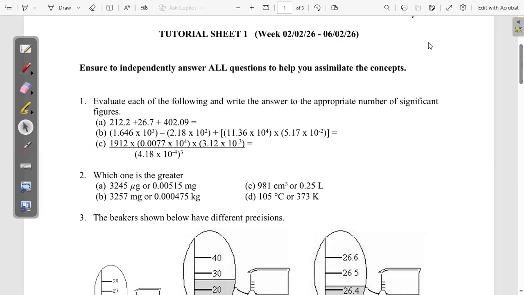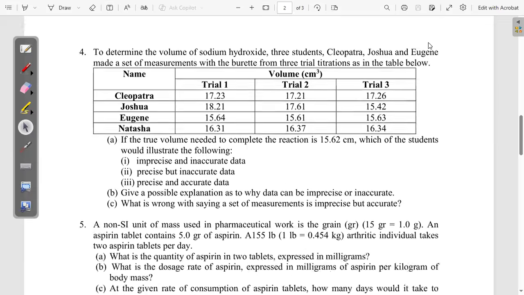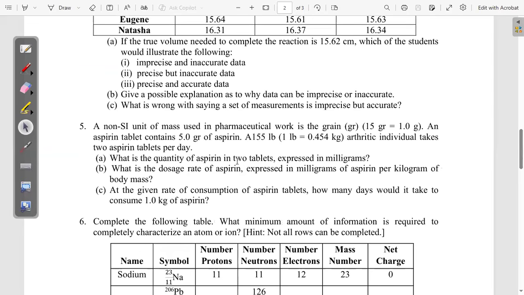All right, so today we'll be discussing questions from Chemistry Tutorial Sheet 1. These questions are basically on the introductory concepts in chemistry. We're going to look at questions on significant figures, questions on converting units, questions on accuracy, precision, and the types of errors that affect accuracy and precision. Question number 5 is also just unit conversions.